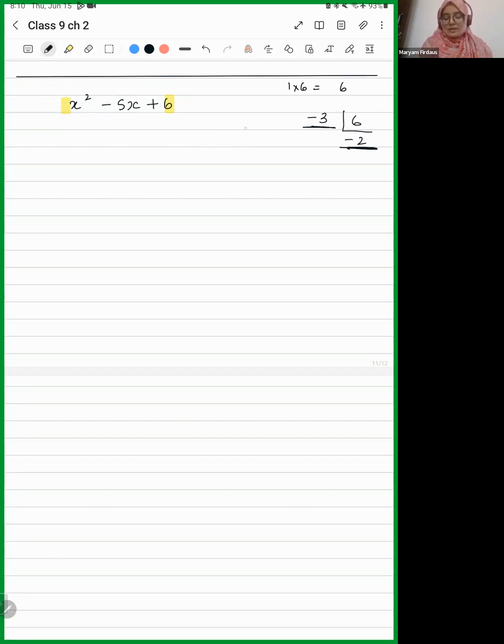And when you multiply them, you again get 6, right? Yes, sir. So these are the two numbers: x square minus 2x minus 3x plus 6. Please keep doing it in your notebook simultaneously.